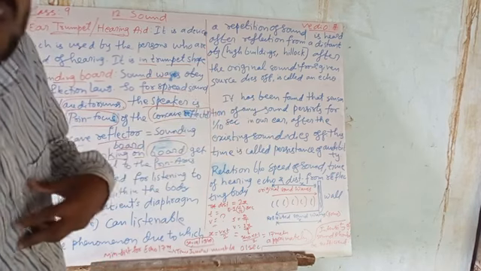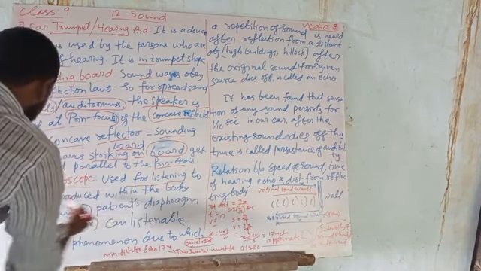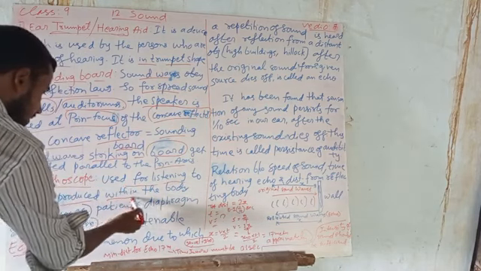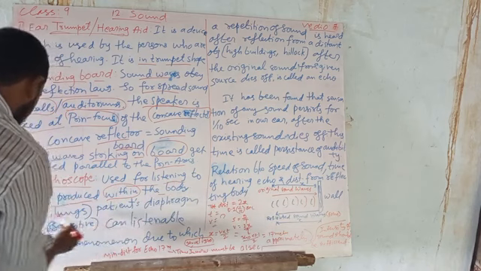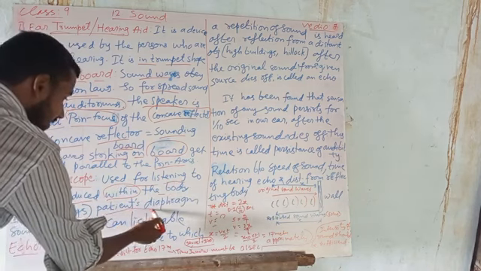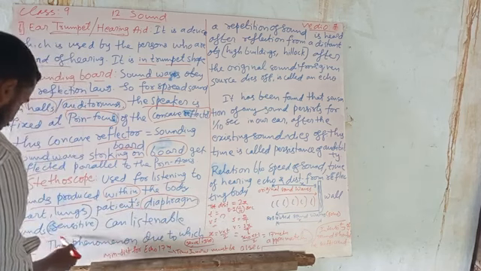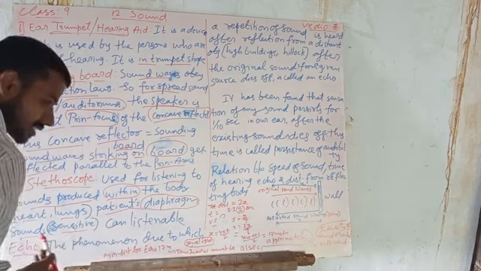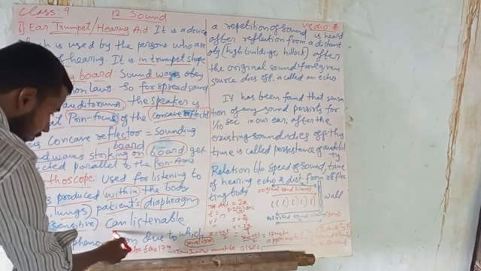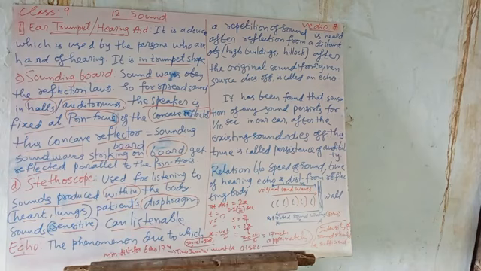Look here, I have written: used for listening to sounds produced within the body, like heart, lungs. The patient's diaphragm sound is a sensitive sound, which can be listened to.